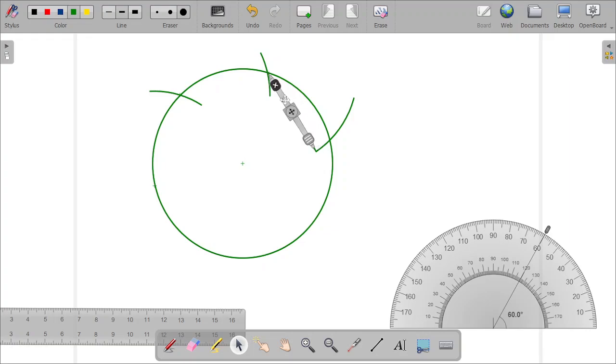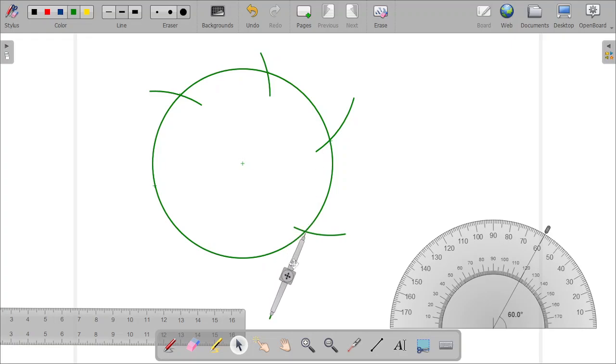Okay, so keep on following that same process. So basically you are going around the circle, right? So place your compass point on your last arc you just made. All right, then you make another arc that cuts the circle like this.